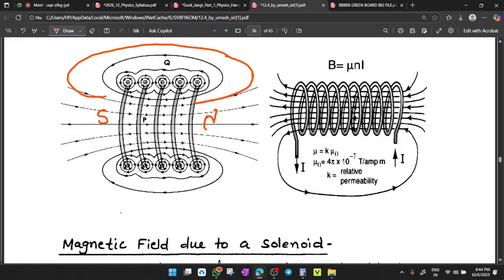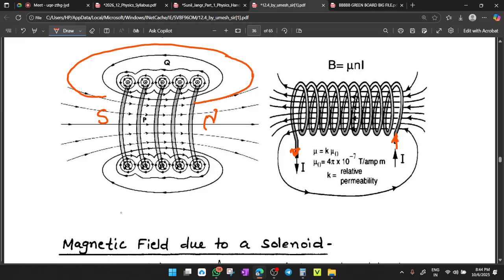See here, from this loop the current is going downward, and here the current is inside. So this is the north pole.